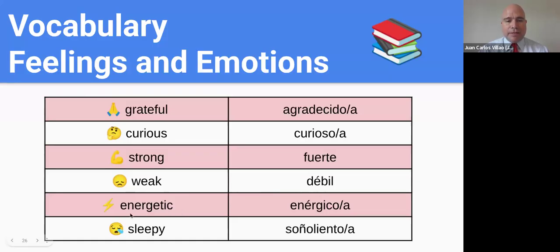Energetic, energetic, enérgico o enérgica. Sleepy, sleepy, soñoliento o soñolienta. Alguien que le dio sueño. Sleepy.